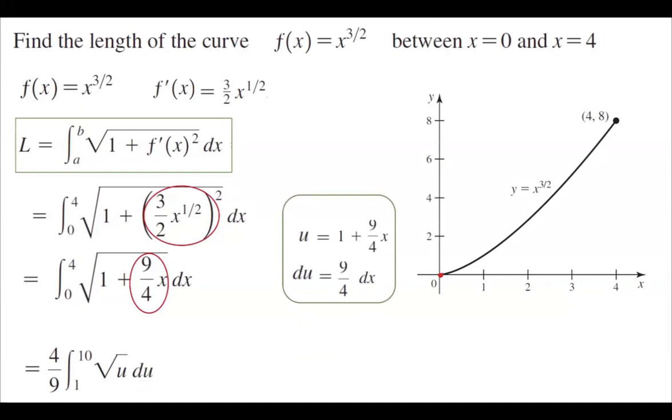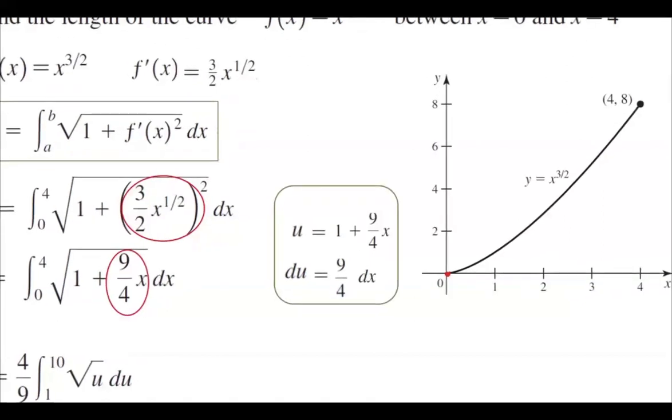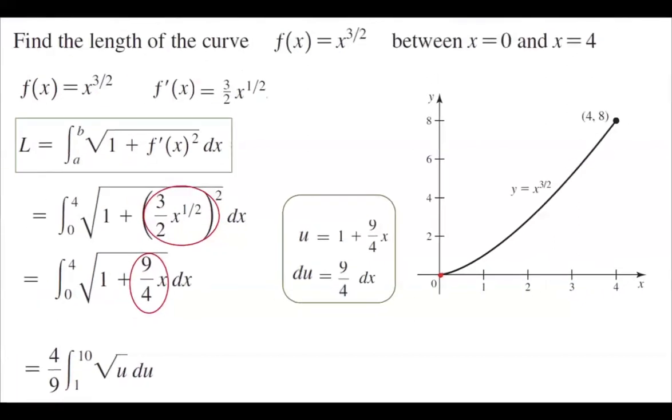But please note that when x is equal to 0, your u becomes 1 plus 0, or just 1, and when x is equal to 4, your u becomes 1 plus 9 over 4 times 4, or u becomes 10.